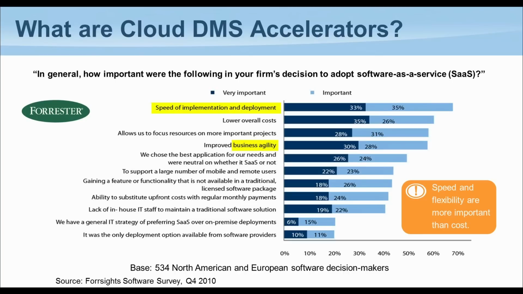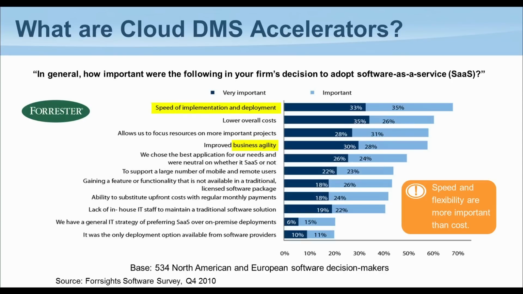This is a survey of about 540 software decision makers in North America and Europe. So what are the major reasons why companies would use software as a service? And as you can see, the top reason is speed of implementation and deployment.